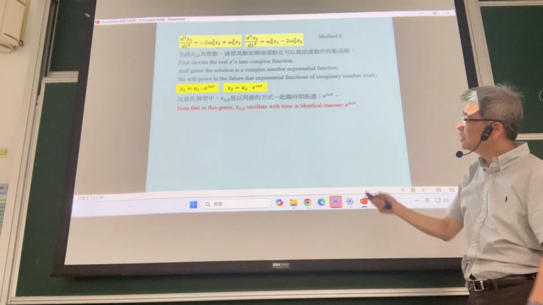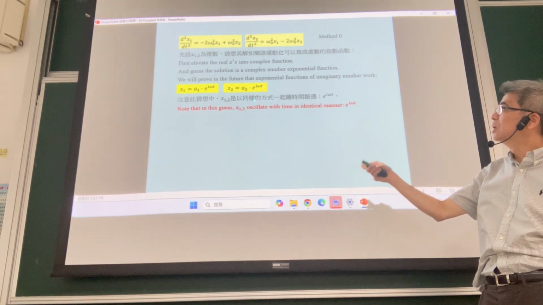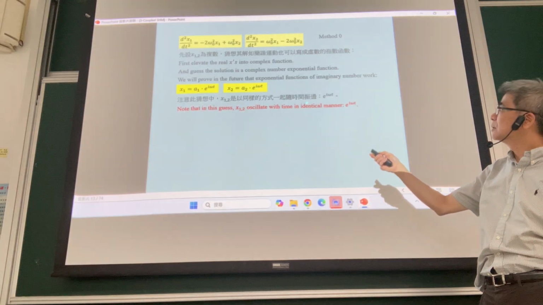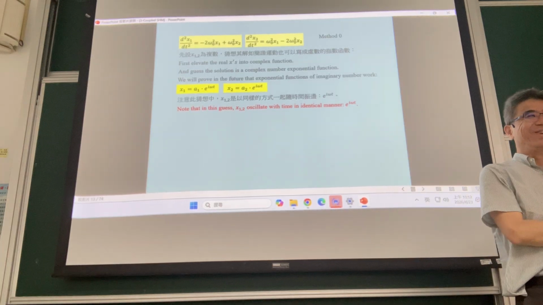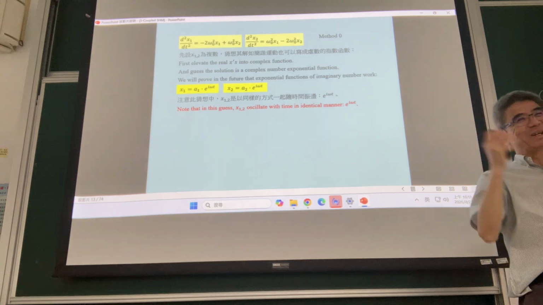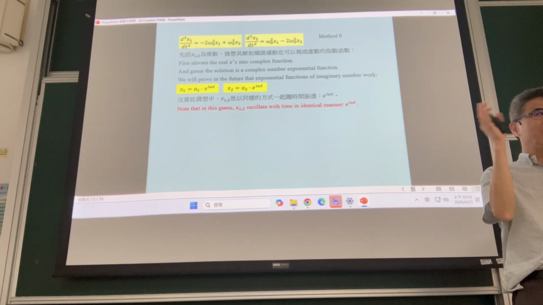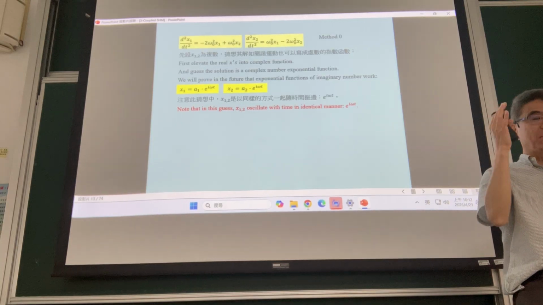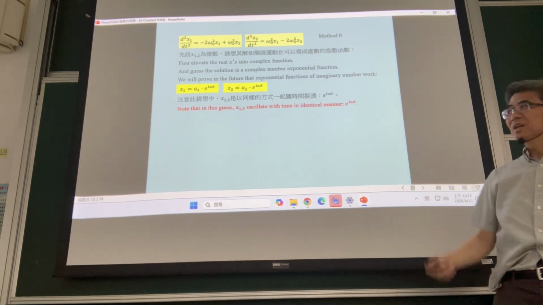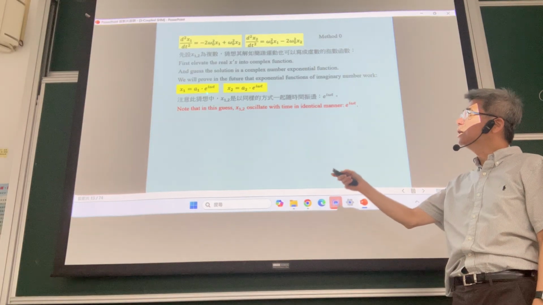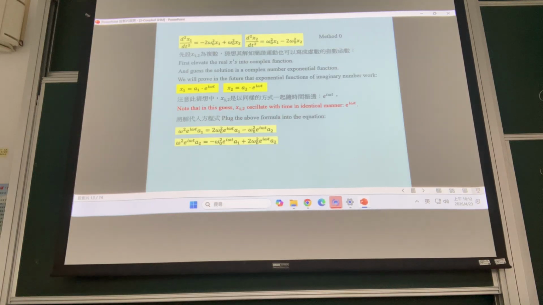So in this guess, x1 and x2 oscillate with time in identical manner with the same angular frequency, omega. I didn't write omega 1, omega 2. I write omega. That means the two particles are oscillating together. I will show you the motion picture later, but that's my guess. So a1 e to the i omega t, a2 e to the i omega t. Let's see if it works.